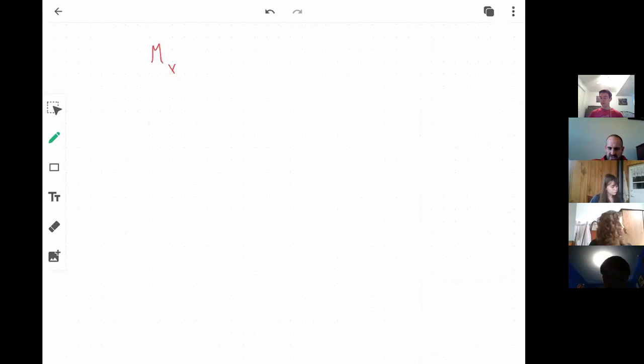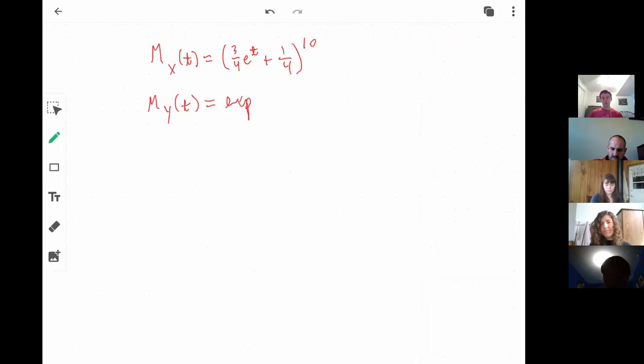So M_X of t was equal to (3/4 plus 1/4 e^t) raised to the 10th, and by the way, that's all this stuff that we just did. And M_Y of t was equal to, maybe if I write it this way, exponential of 2 times (e to the t minus 1).